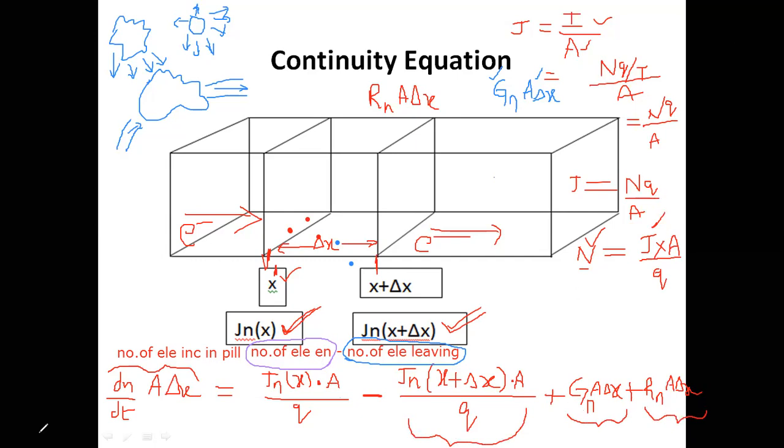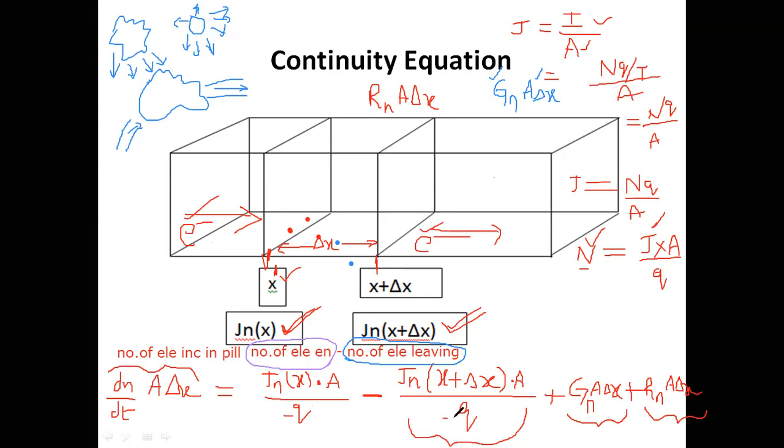Now I have to write the continuity equation for electrons and holes. First, let us suppose I'm writing the continuity equation for electrons. The charge of an electron is negative, so I'll write here minus.